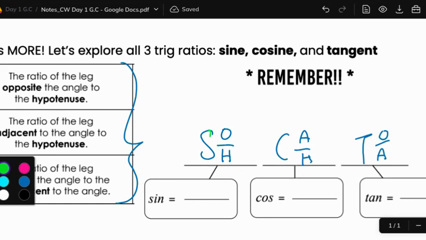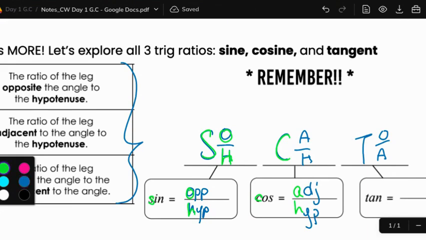The S represents sine, S-I-N for short, but we call it sine, and that is the opposite, O, over the hypotenuse, H. So that's how we get the O over H. The cosine is A over H, and that represents the adjacent over the hypotenuse.